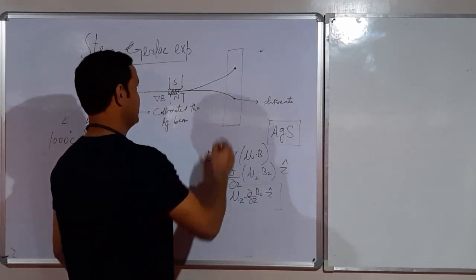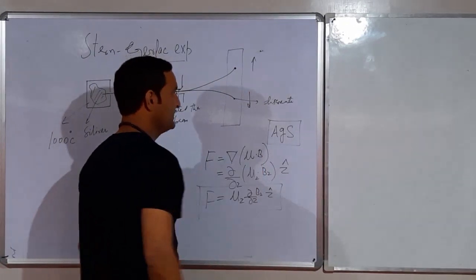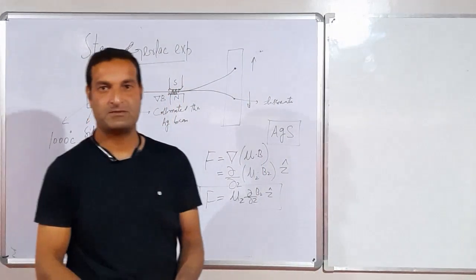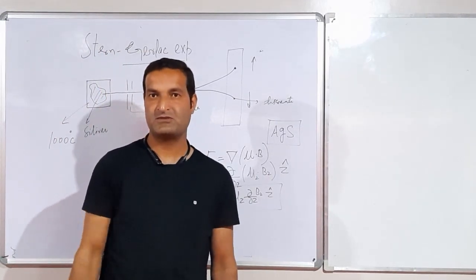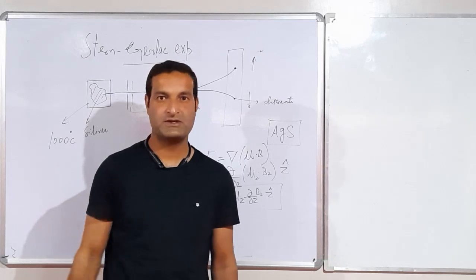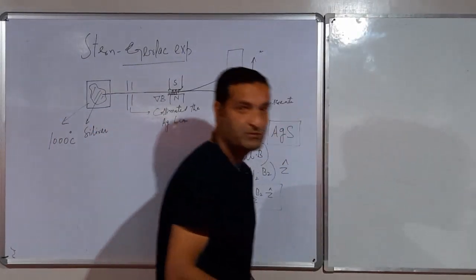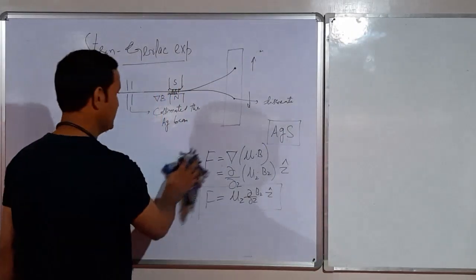So this will be represented by spin up and spin down. In this experiment, spin ups and spin downs, or the spin motion of the electrons, was confirmed, and due to this spin, there is a magnetic moment associated with the spin motion of the electron.